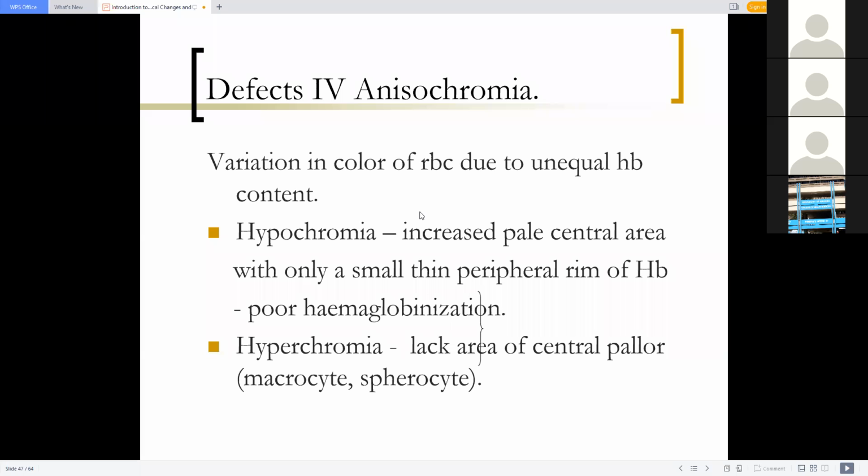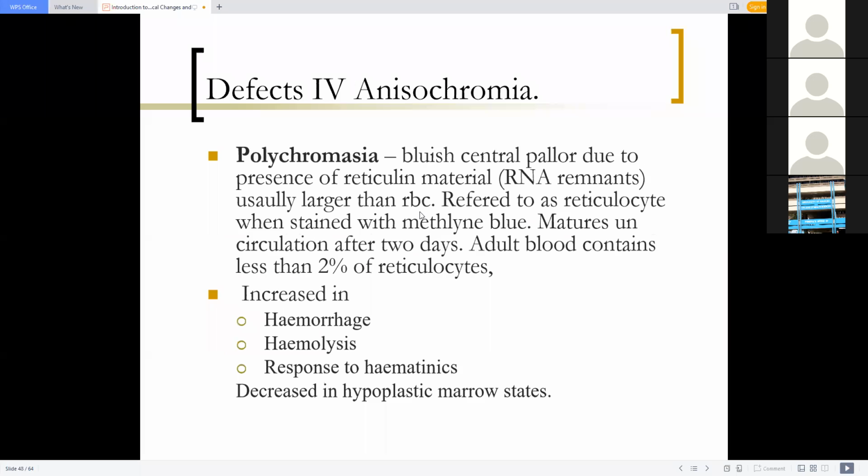So when we see hypochromia, we say there is anisochromia and the cells are hypochromic. There's anisochromia and the cells are hyperchromic, all right? The third variation in anisochromia is polychromasia.